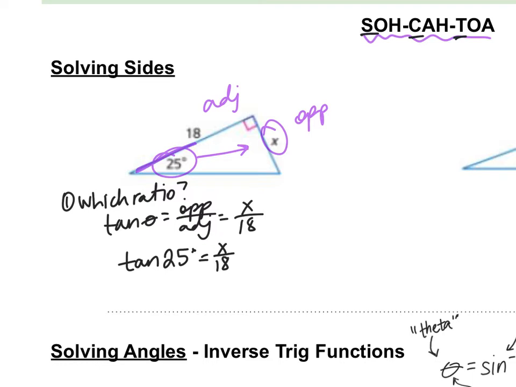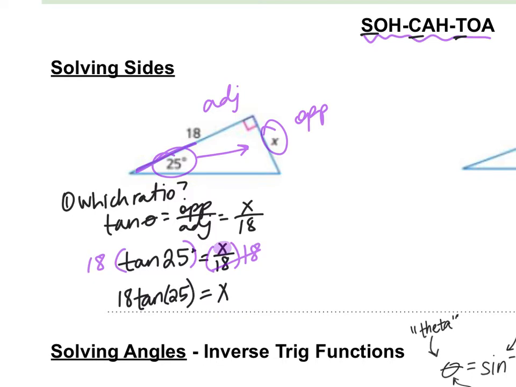Remember, we are looking for this x value. We need to get it by itself, so we isolate it by multiplying both sides by 18. We cancel these 18s out, which leaves us with x equals 18 times the tangent of 25.